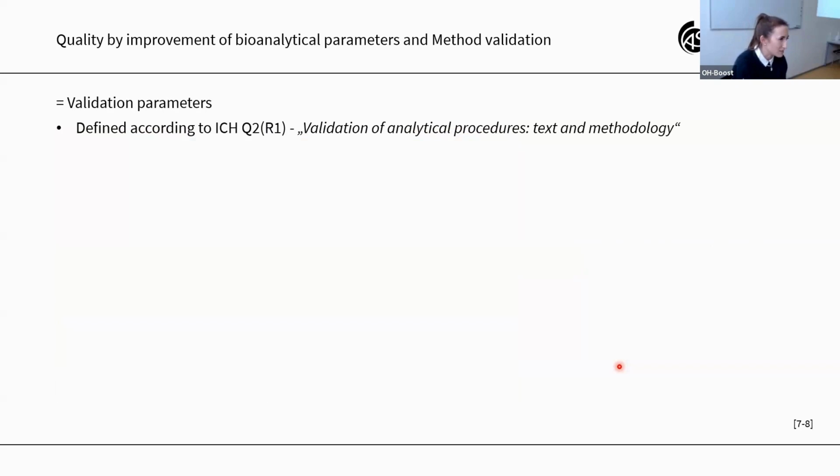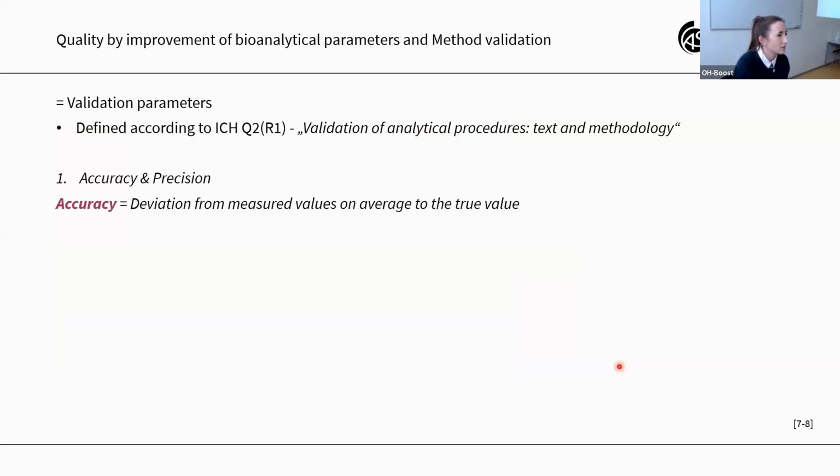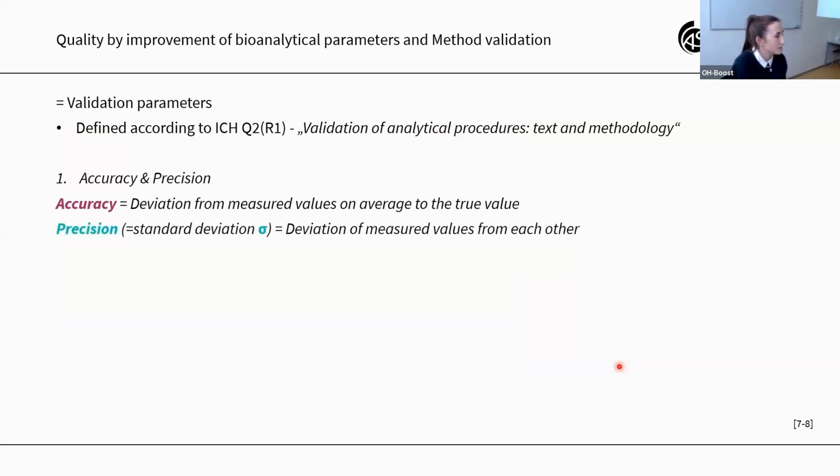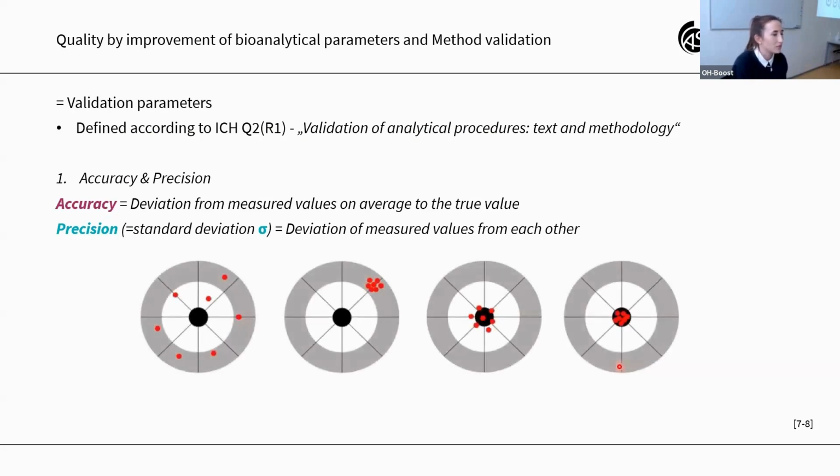So the most famous of them are for sure accuracy and precision. The accuracy is the deviation of our measured values on average from the true value. And precision or standard deviation is the deviation of measured values from each other. Maybe some of you know these dartboards, where the black spot is our true value and the red little dots are our measured values.